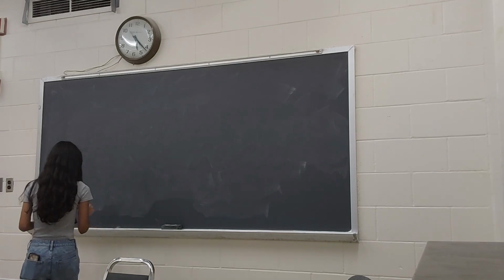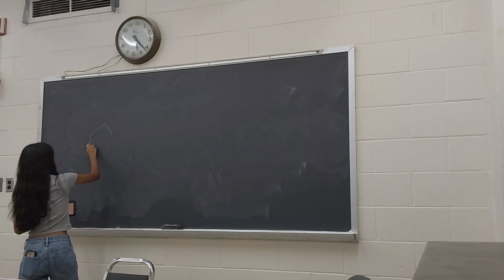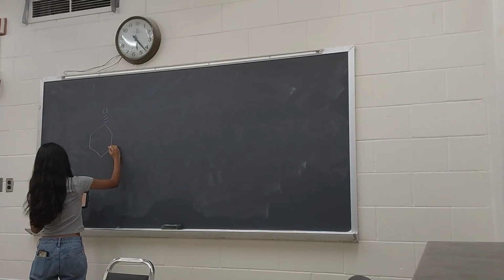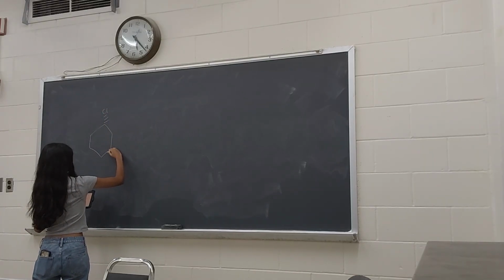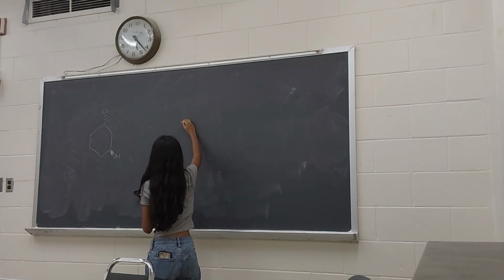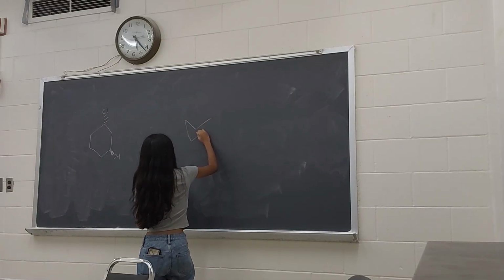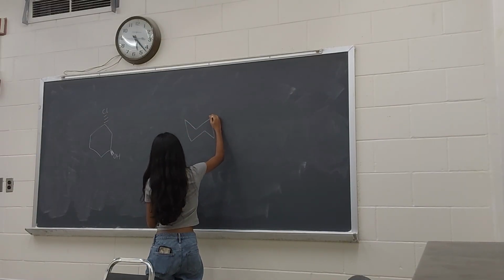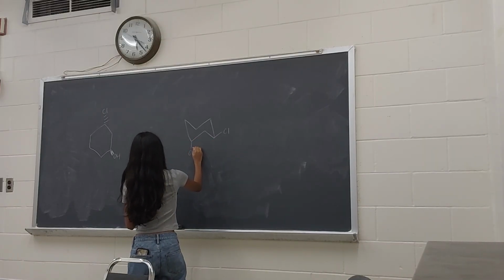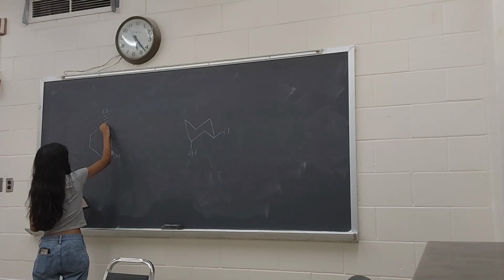Next one. What did you get? Diastereomer? Yeah, and it was SS, right? Second, yes. There's one chiral.